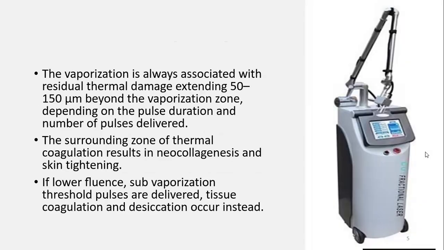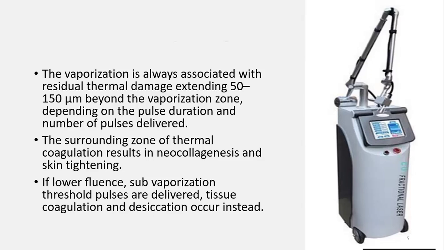The picture shows a CO2 laser device. The vaporization is always associated with some residual thermal damage, which extends 50 to 150 micrometers beyond the vaporization zone. The vaporization zone is the zone where the skin is totally lost. This vaporization zone depends on the pulse duration and number of pulses delivered.